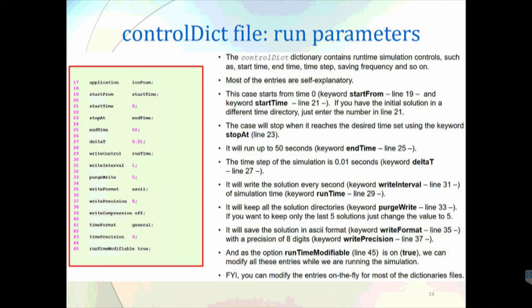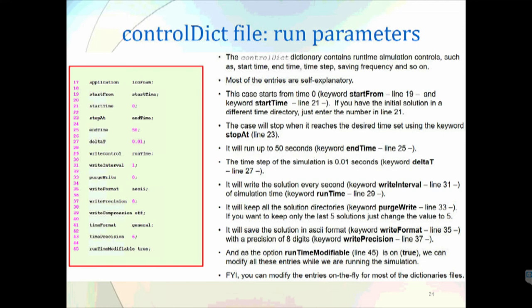This is the slide explaining the runtime parameters that I told you earlier. The start time, the end time, also deltaT. DeltaT is a very important variable. Basically, deltaT is the value of the time step.